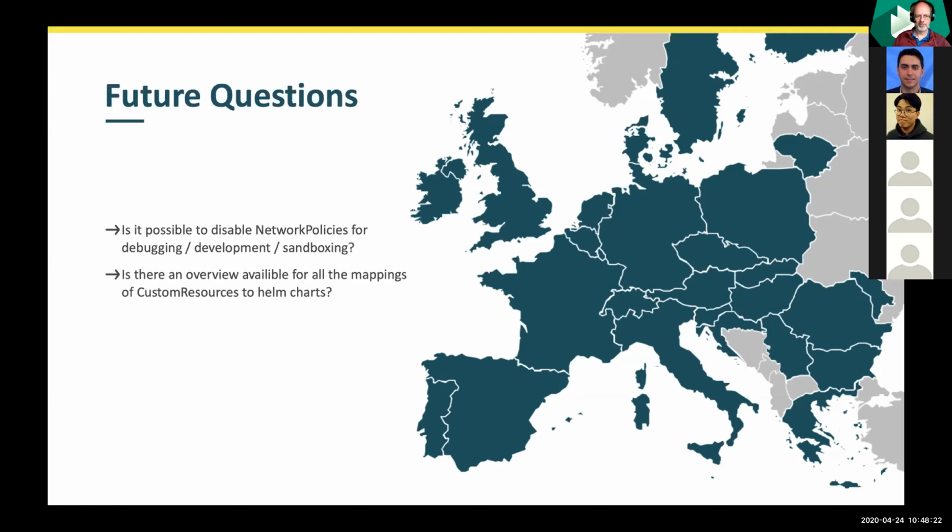Yeah, we also have further questions for the community. One of the questions is: is it possible to disable network policies for debugging, development, or sandboxing? And the other question is: is there an overview available for all the mappings of the custom resources to the Helm charts?